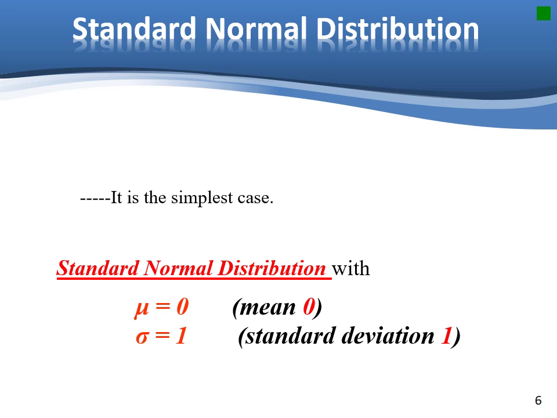The simplest case of the normal distribution is the standard normal distribution, which has a mean of 0 and standard deviation of 1.